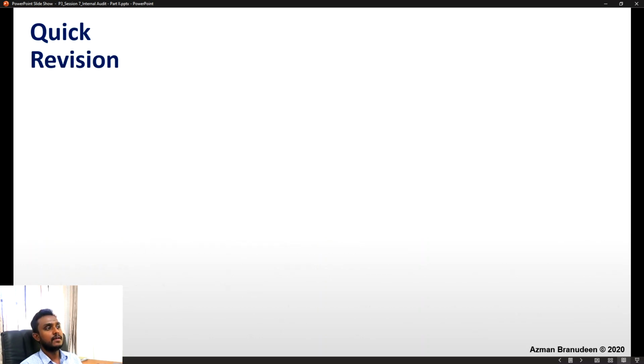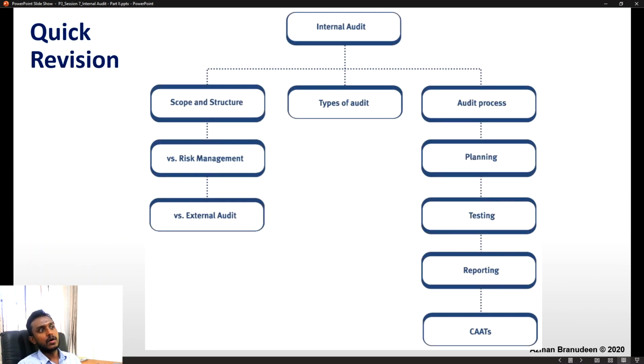And that marks the end of segment 7, both part 1 and part 2. As you can see, in part 1 we looked at the scope and we basically introduced ourselves to internal audit. We looked at the scope and the structure, what internal audit is, how important it is, and contrasted it with risk management and also with external audit.